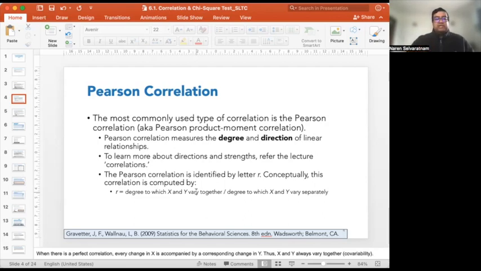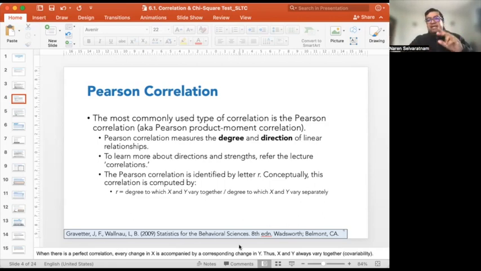If the correlation is perfect, every change in x is accompanied by a similar change in y. For example, let's say there's a student who studies 9 hours and he has a score. And there's a student who studies 10 hours and he has a score as well. And then 11 hours, a score. So there is a very clear variation, a very clear change. When x changes, the y changes in a particular manner as well, in a very perfect correlation.